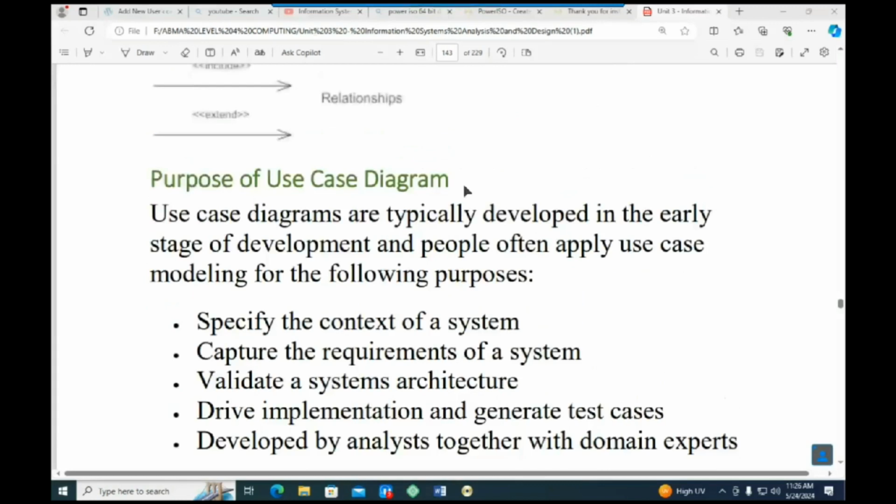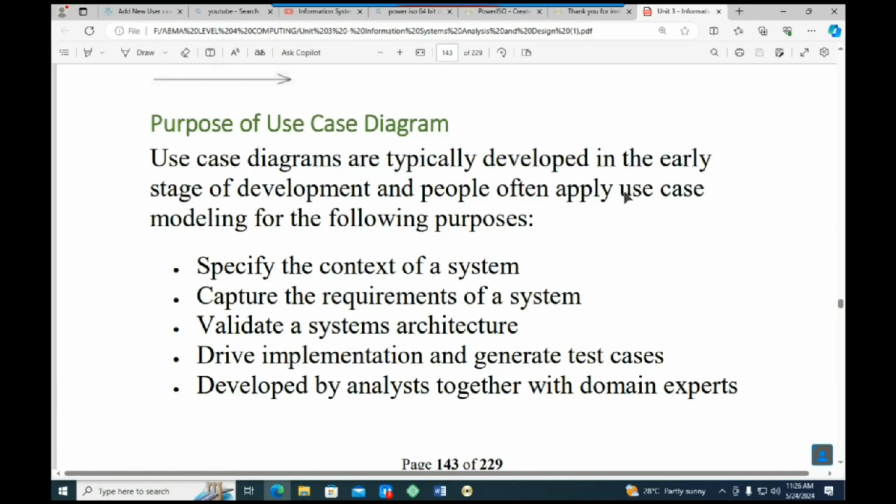Now again here, I have repeated this. I have put this one in green so that you can remember the purposes of use case diagrams. It's something we've talked about there. I have some more added things here. So we normally develop use case diagrams in the early stages of development. Remember, we use them to gather requirements.